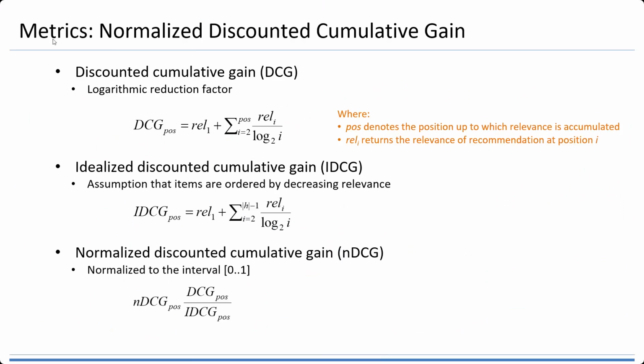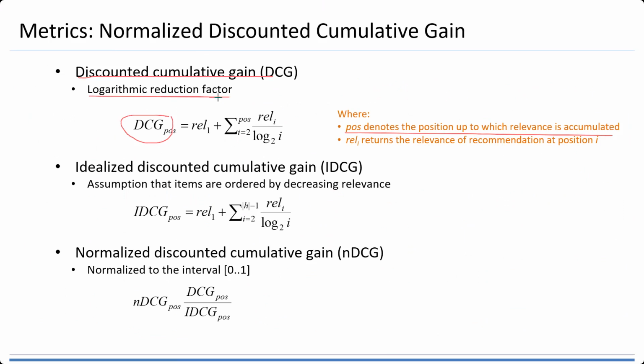And we have another metric, that is normalized discounted cumulative gain. So this is the formula, discounted cumulative gain, DCG. We use the logarithmic reduction factor. So in this DCG, pos means the position up to which the relevance is accumulated.